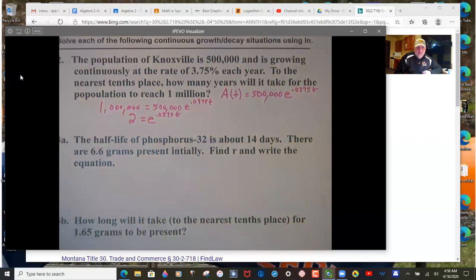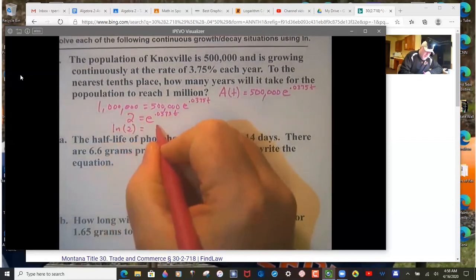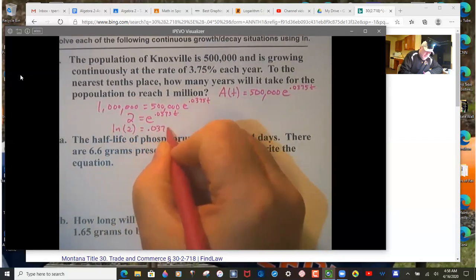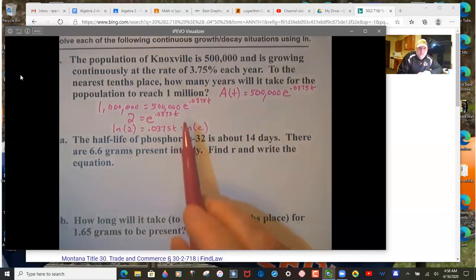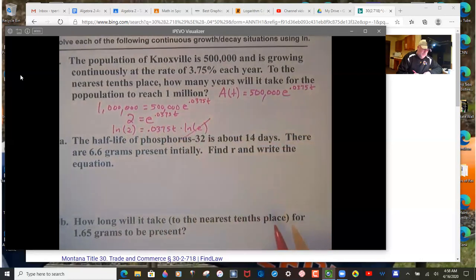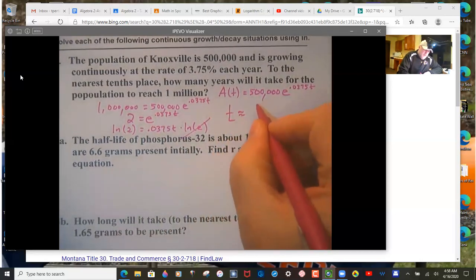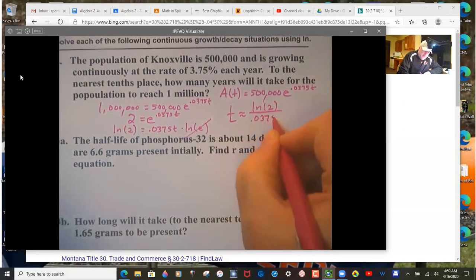Now you have to do log base e on both sides because we need to get at the exponent. What is log base e? It is ln. So 0.0375t times ln of e. That comes down from the exponent position to go in front. This is 1. So t is ln of 2 over 0.0375.